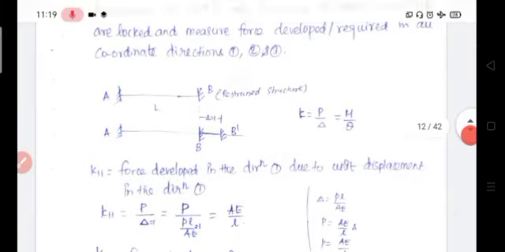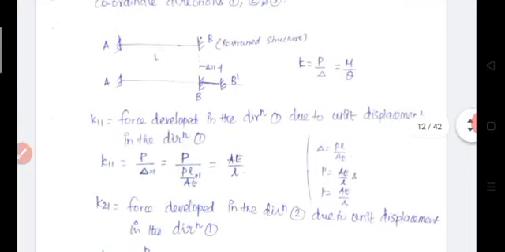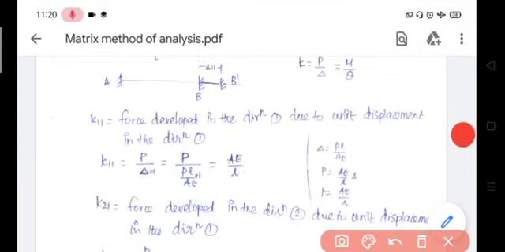Stiffness is either force by deflection or moment by rotation. K11 is the element of the stiffness matrix, equal to the force developed in direction 1 due to unit displacement in direction 1. Therefore, K11 is equal to force by deflection, where the force is taken as P.